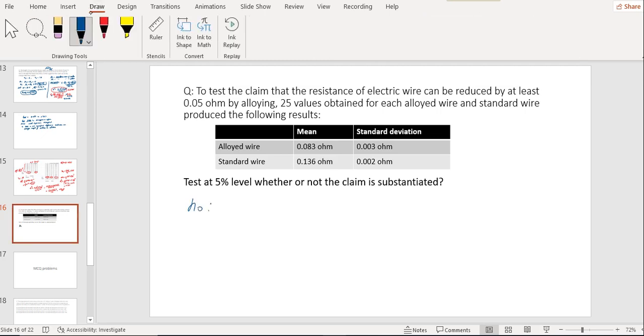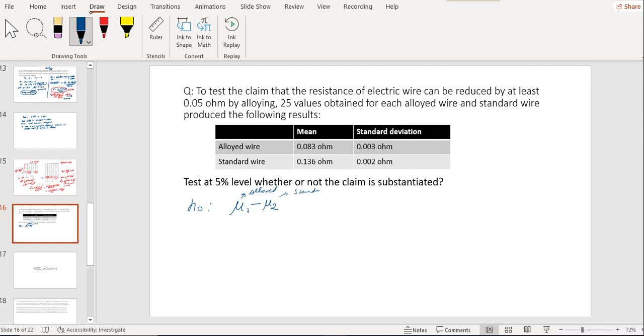The claim is that the resistance of the electric wire can be reduced by at least 0.05 ohm by alloying. Let mu1 represent the resistance of the standard wire, and mu2 the alloyed wire.